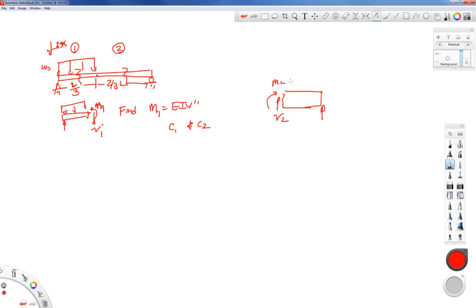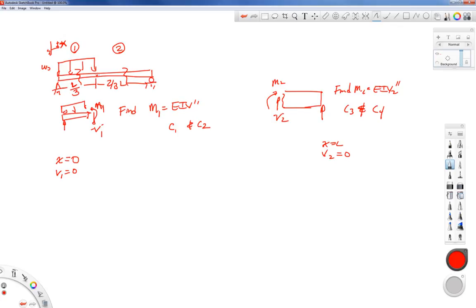And you would go through the process and find your M2, and set that equal to EIV2 double prime, integrate it twice, and you get two additional constants of integration, C3 and C4. In order to find these constants of integration, you look at the support boundary conditions. In this case, x equal to 0, V1 would be equal to 0, and over here, x equal to L, V2 is equal to 0.